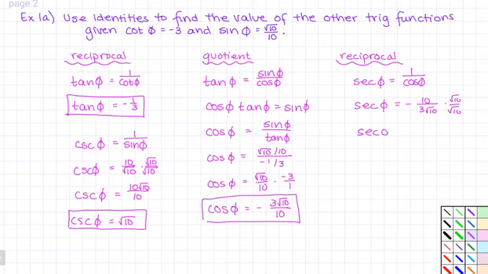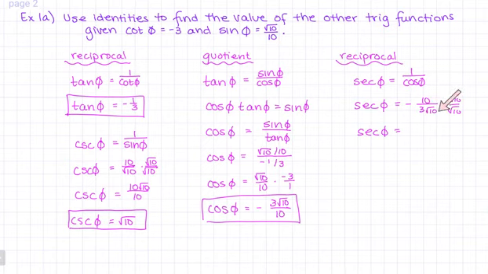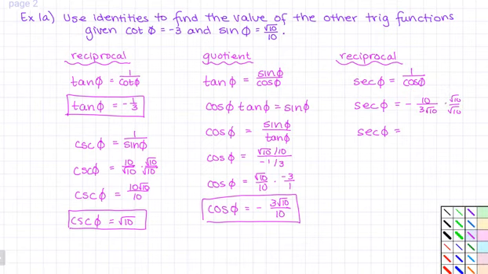We're going to have this 10 on top that's going to cancel out with the root 10 times root 10 at the bottom. So we'll have negative root 10 over 3. Yay! So, any questions about that? That is one way we can use the identities.